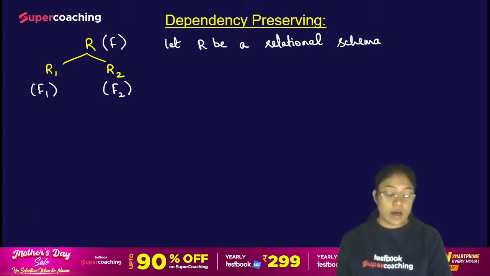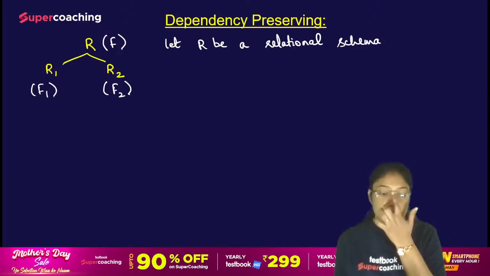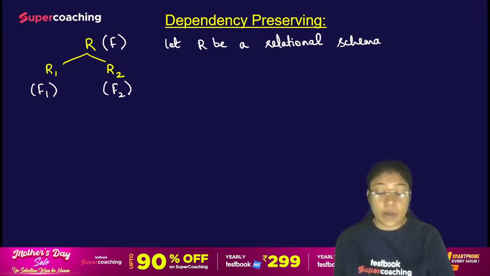Without waiting for your response, I'm moving on to the next concept, because I want to save the time. But अगर आपको कोई भी doubt आता है तो definitely after discussing the definition of dependency preserving, I'll discuss your query.